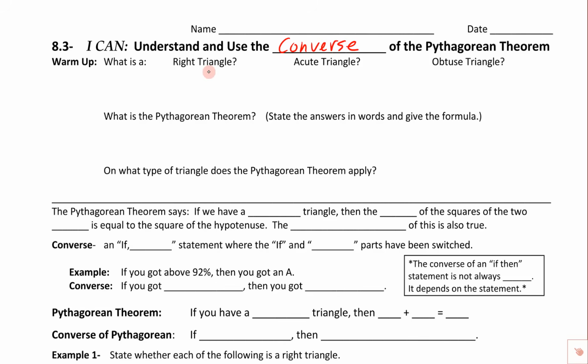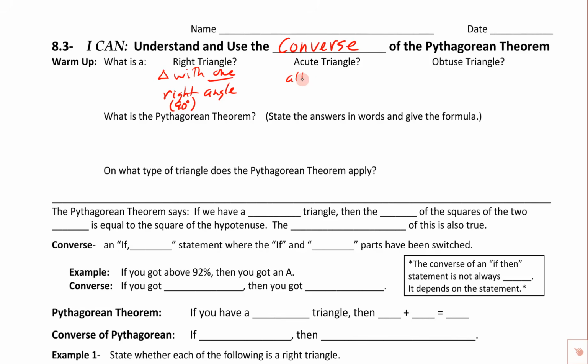We want to talk about what a right triangle is. A right triangle is a triangle, so rather than write the word triangle, we're just going to use the symbol. So triangle with one right angle. And when we say right angle, remember that's a 90-degree angle. If we've got an acute triangle, here's what it is.